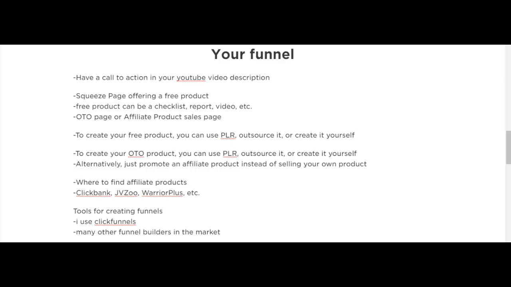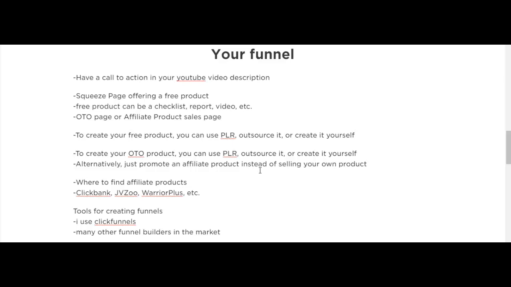Okay, so for example, in the other video where I showed you a video that generated a lot of traffic, that video was about Bitcoin, or how to buy Bitcoin and cryptocurrency for beginners. So you could create a quick checklist showing all the tools you need to buy Bitcoin and cryptocurrency and offer that as a free gift.